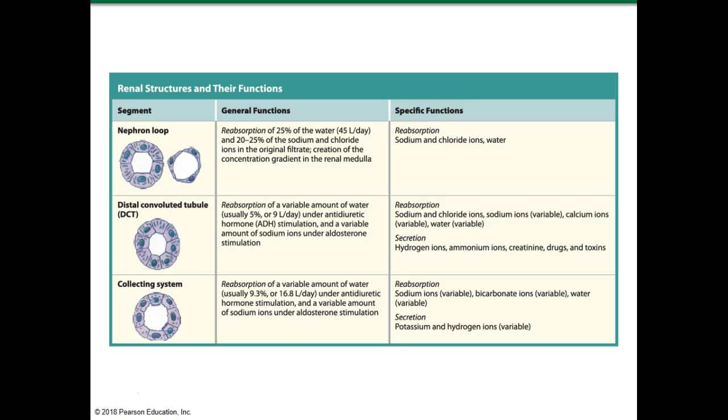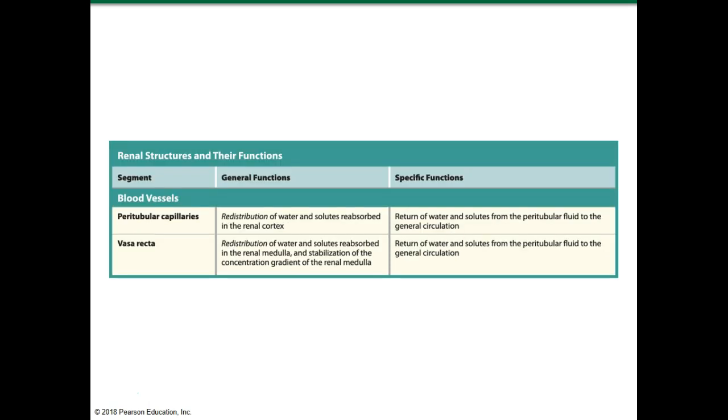So do remember this though, at these two levels, the distal convoluted tubule and the collecting duct, this is where ADH and aldosterone have their impacts. Okay, this is where those two hormones have their impacts. And more specifically, at the collecting duct, we have reabsorption of sodium ions and water, pulling them out of the tubules, but we're adding back in potassium and hydrogen ions.